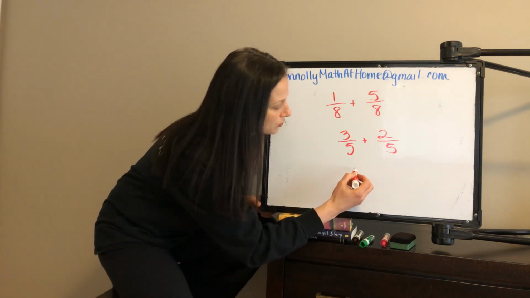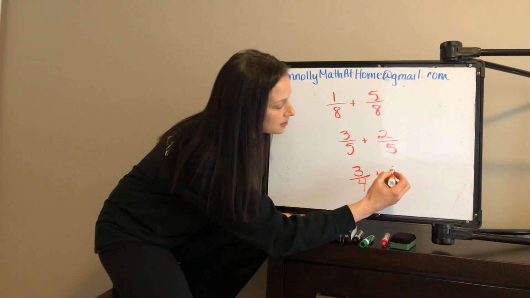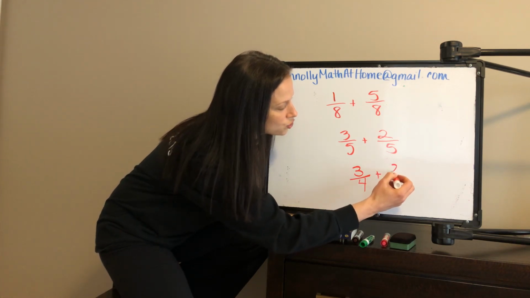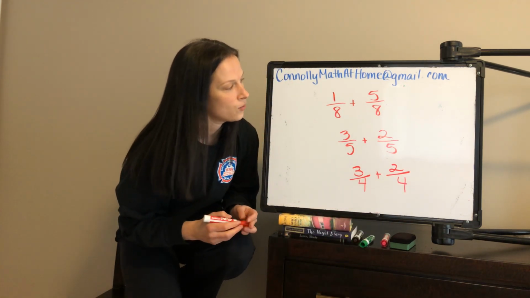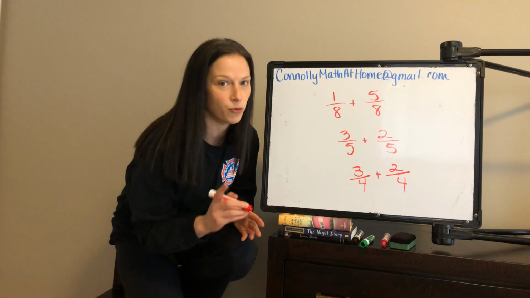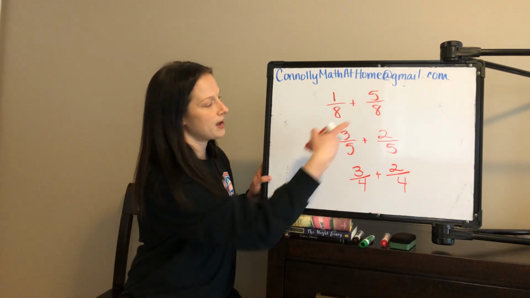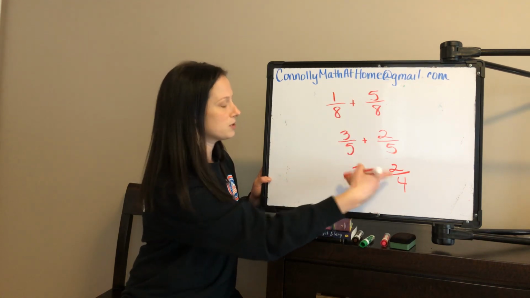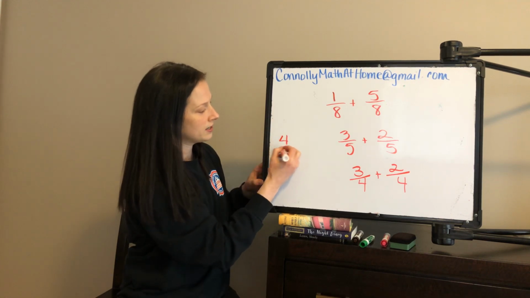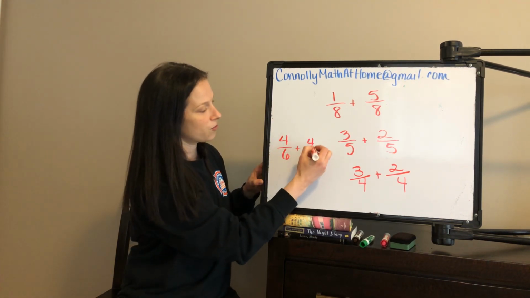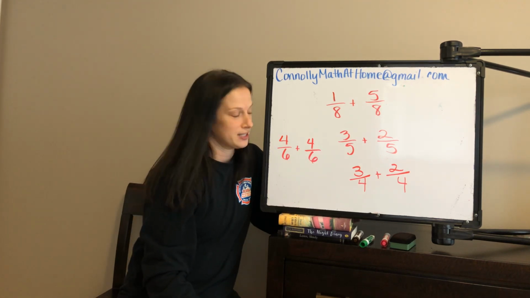Then I want you to do, let's see, 3/4 plus 2/4. And I want you to see what happens there. I'm going to give you a fourth one because there's another situation that I want you to tackle. So 1/8 plus 5/8, 3/5 plus 2/5, 3/4 plus 2/4. Then I want you to think about 4/6 plus 4/6. I just like math so much, I'm giving you an extra one today.